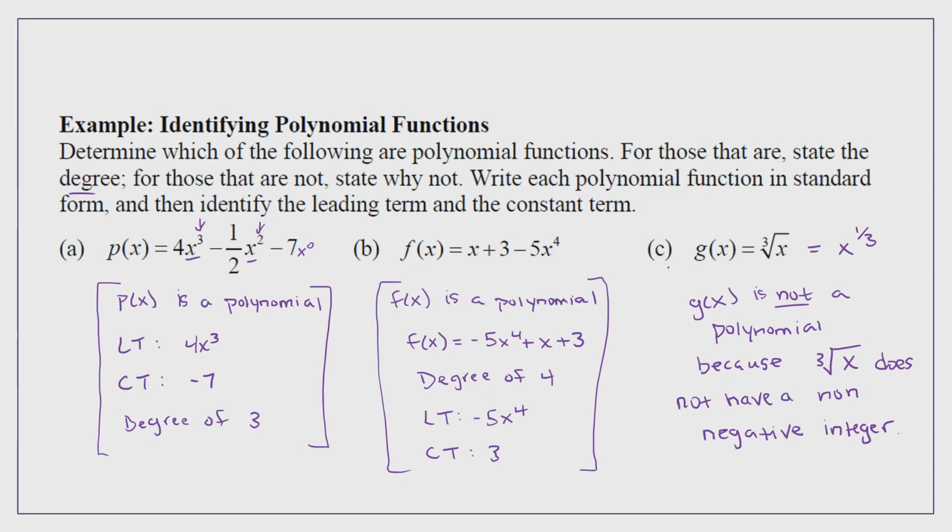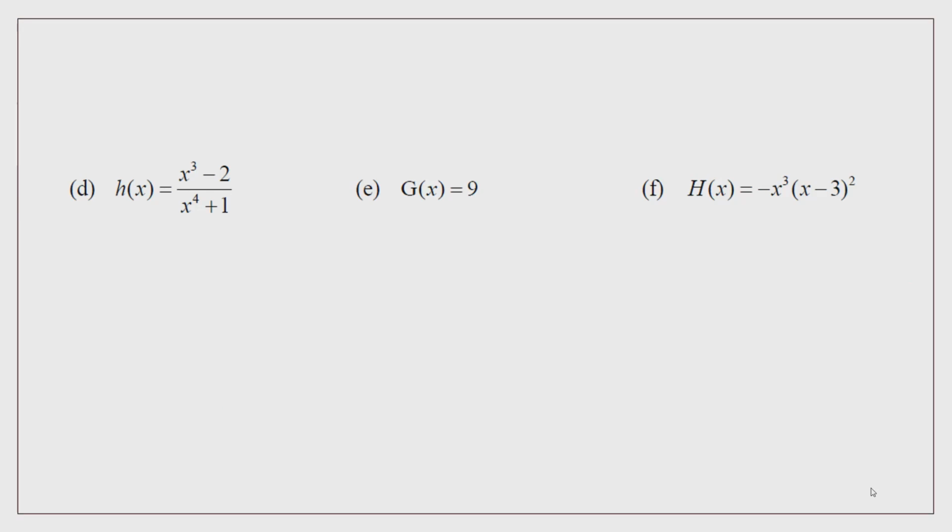There we go, that makes sense. I want to make sure you have the correct verbiage in your notes. All right, so g of x is not a polynomial because the cube root of x does not have a non-negative integer. Okay. All right, let's do a couple more.